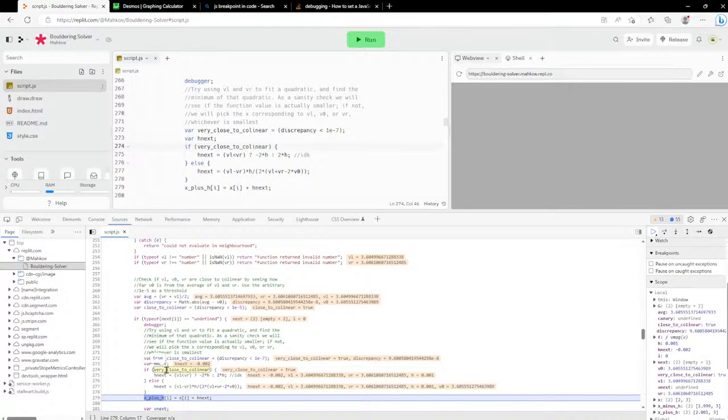It's because it's very close to collinear. Oh, wait a minute. Of course it's very close to collinear.